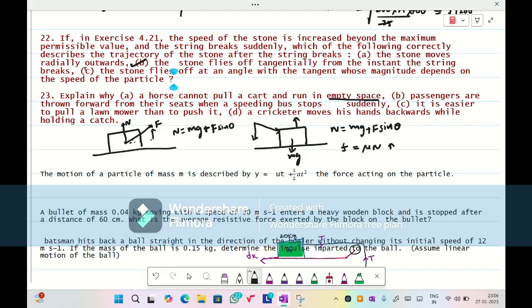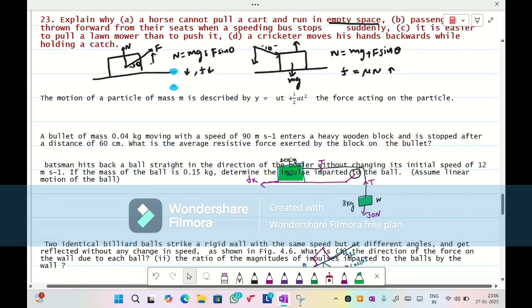It is theta with the horizontal here also, so F sin theta acts upward. So the normal force is decreased, therefore friction also decreased. So it is easier. That is the reason we pull the luggage and all. Not only luggage, a lawn roller too, pulling is easier than pushing. So now these are the examples.